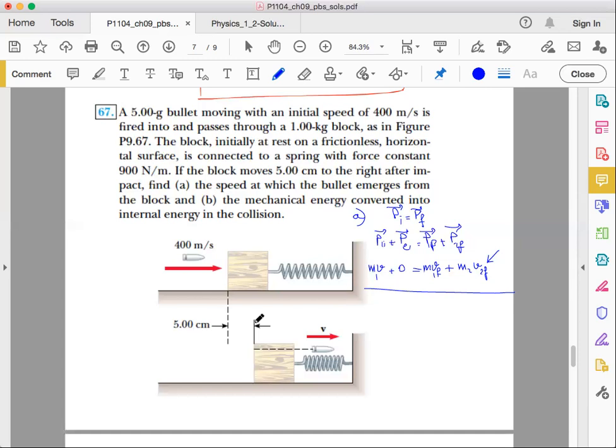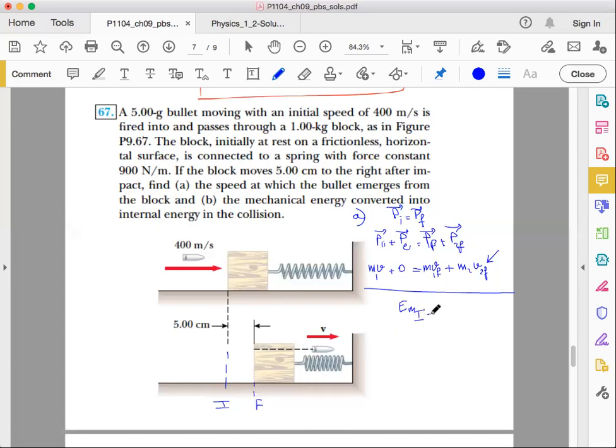So since the block is moving on a frictionless surface and there are no nonconservative forces acting on the block, we can say that the block, the spring and the earth represent an isolated system, and the mechanical energy of the system is conserved. So we can say that the mechanical energy of the block right after the collision, let's say just at this point here, I'm going to call it I, is equal to the mechanical energy at the position where it compresses the spring by 5 centimeters.